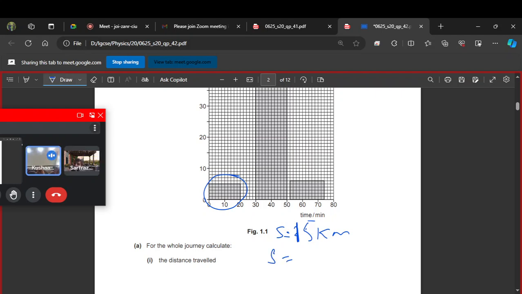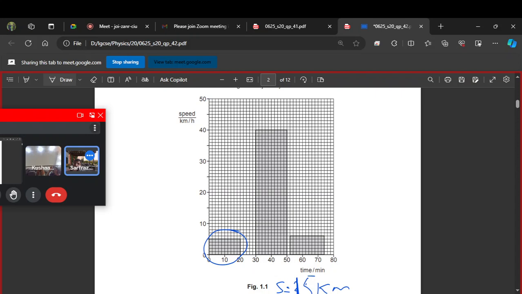I can't see the top. Okay, here it is at 40. So that's 40. So 40 divided by, no, 40 times time, yes? Yes, 40 times 20 divided by 60.